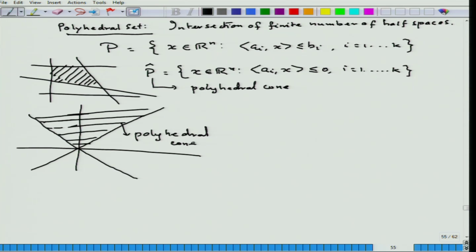Examples of important polyhedral cones: look at R2 plus, it is this half space and this half space. So, R2 plus is an example of a polyhedral cone, and thus Rn plus is polyhedral.